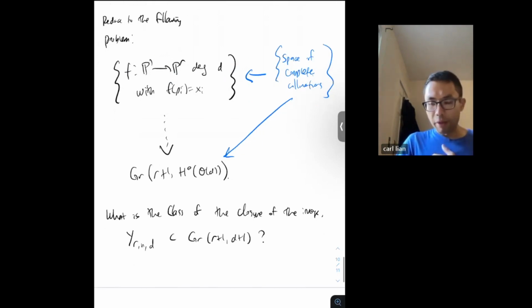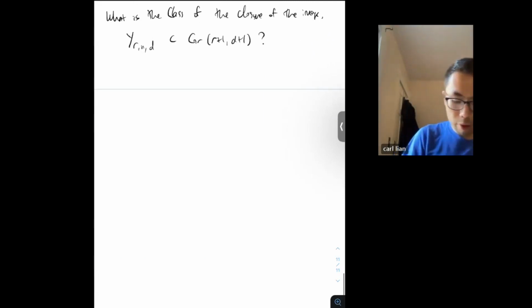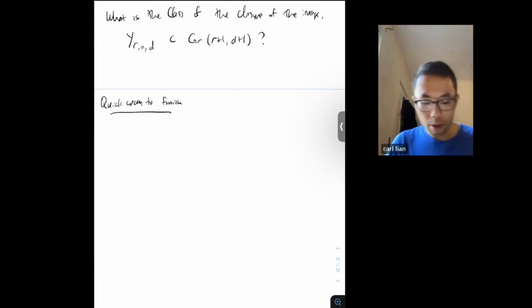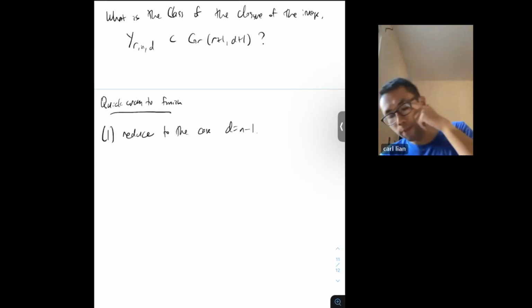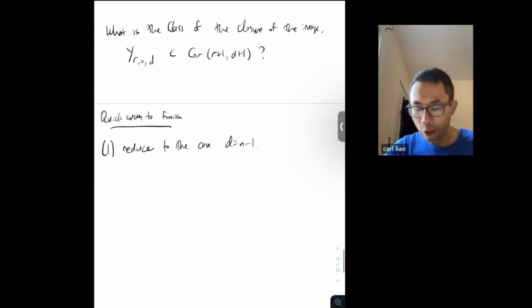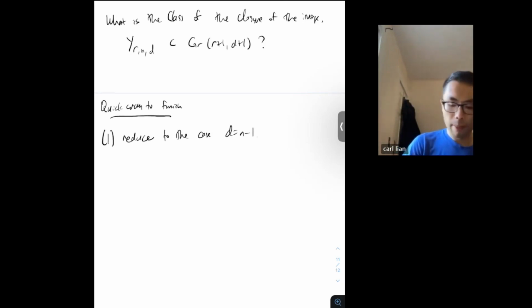All right, so now I want to say something about this genus zero problem. And there are actually two ways out. So there's one quick way to finish. The first thing you can do is reduce, and I'm not going to explain this step at all. You can essentially reduce to the case when d is n minus 1. And I'm not really going to explain what's special about that case.